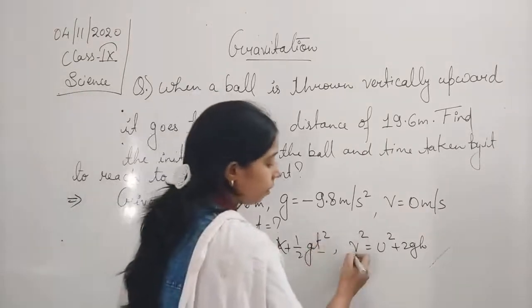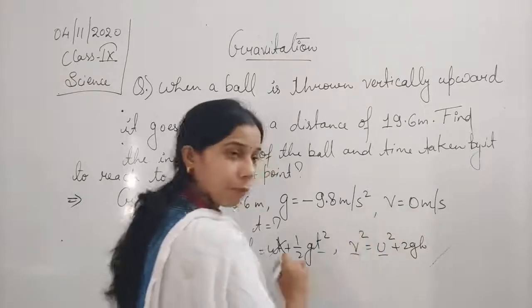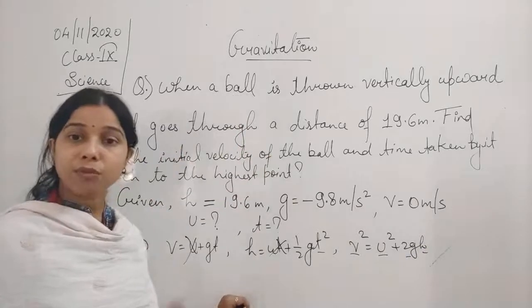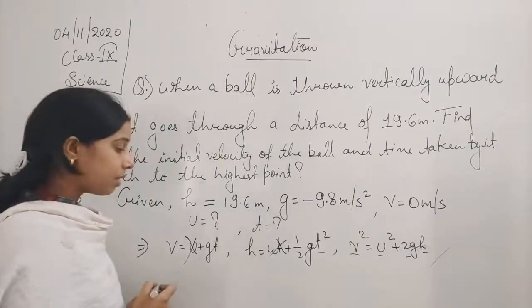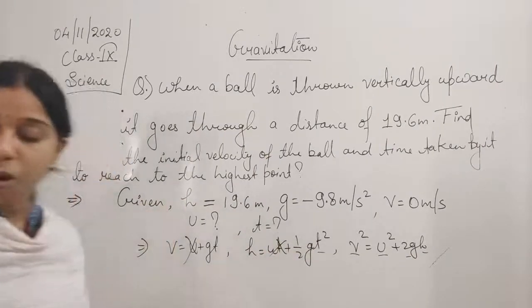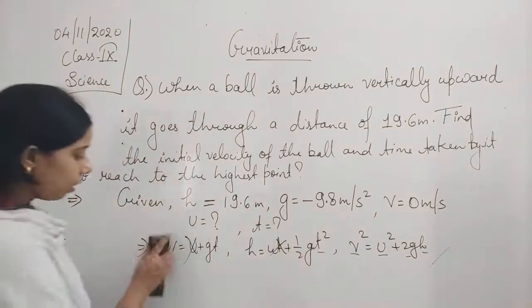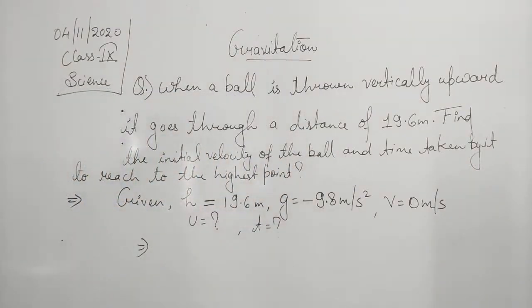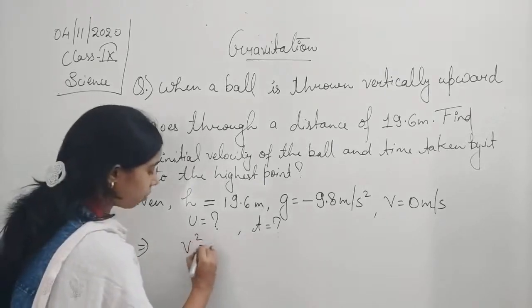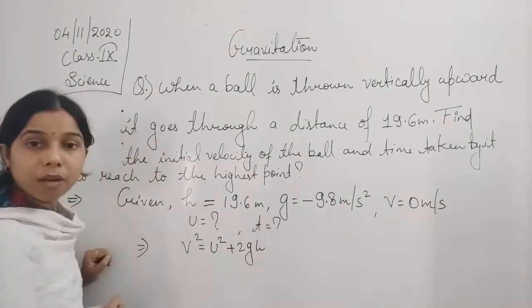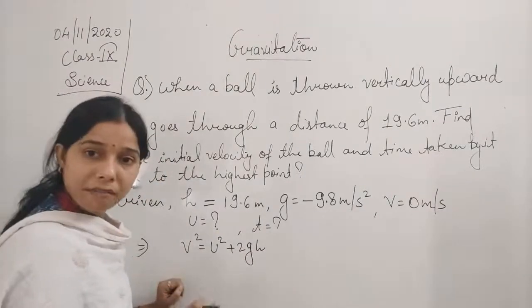In this one student, v is given, u we have to find, g is given and h is given. So simply we have to find only one value. So instead of using these two, we will prefer the third equation of motion of a freely falling body. Okay, so let us write it, that v square is equal to u square plus 2gh. This is the formula in which we are going to put the values.